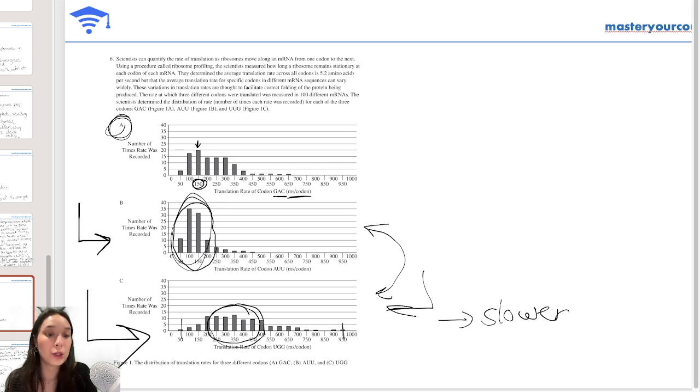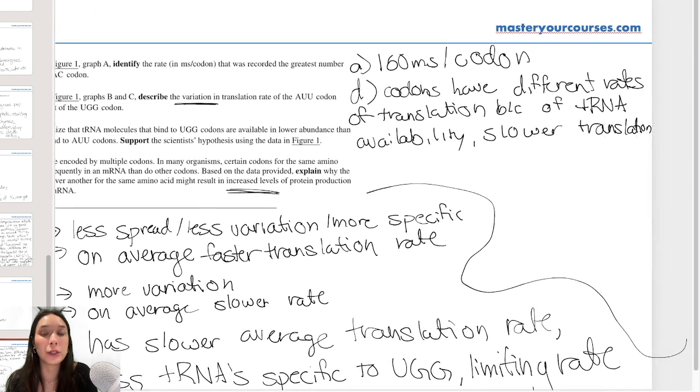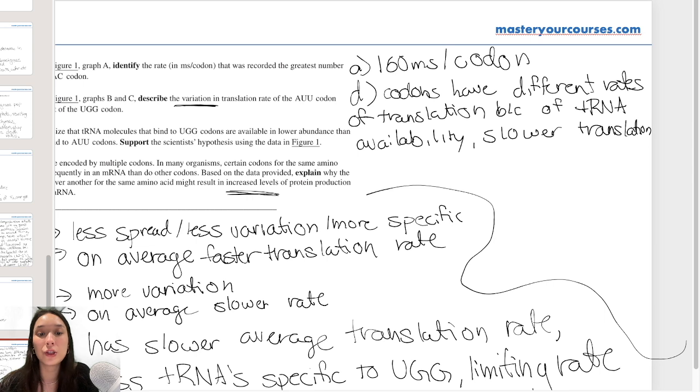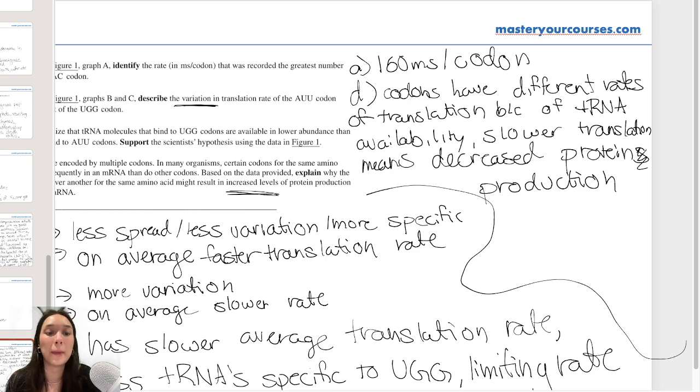So the protein expression is going to be a lot lower in UGG just because it takes longer to make the protein. So slower translation means decreased protein levels. So you have to make that connection. I feel like that's where you'll get the point. Decreased protein production. Okay, so as long as you connected those two, I think you should get the mark for that one.